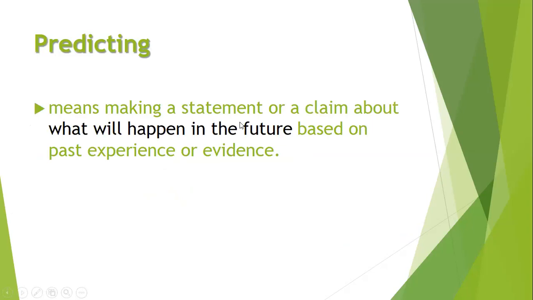Predicting is skill number 3, and predicting means making a statement or claim about what will happen in the future based on past experience or evidence. For example, when you see a lot of clouds in the sky, you start to predict it's going to rain. According to your previous observation about the clouds, you can say it's going to rain.